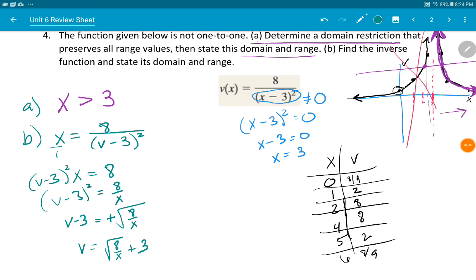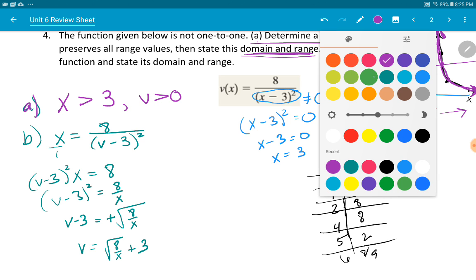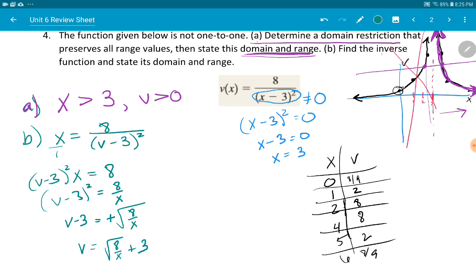Well, let's back up to part A because I realize now that I forgot to state the domain and range. We did the domain, and the range is v greater than 0. Let's go back to part B now. Our domain and range are going to switch in our inverse.